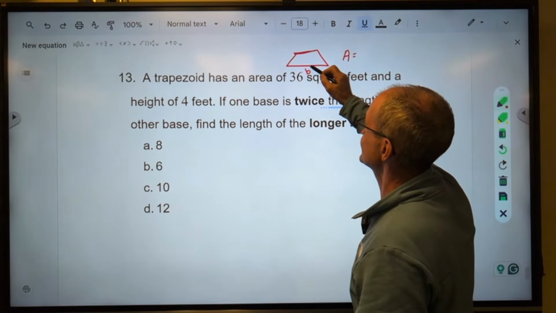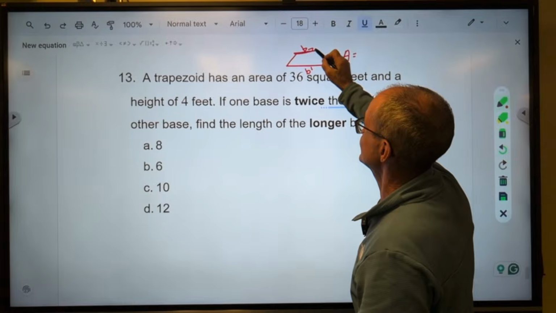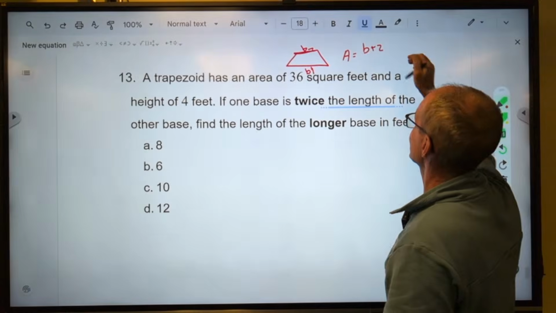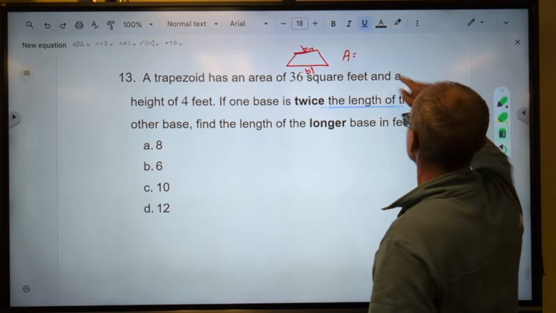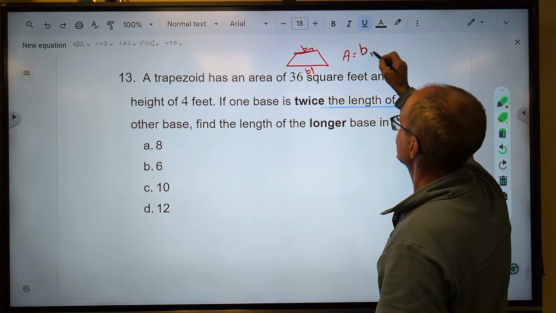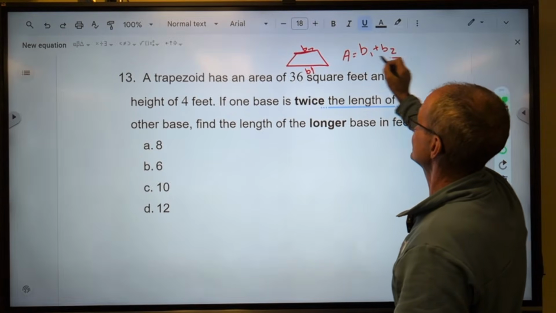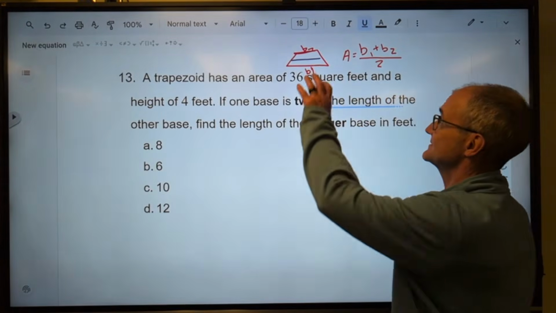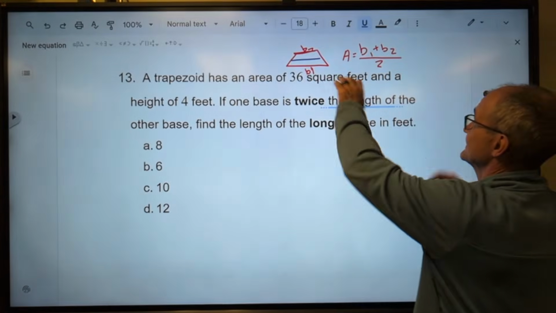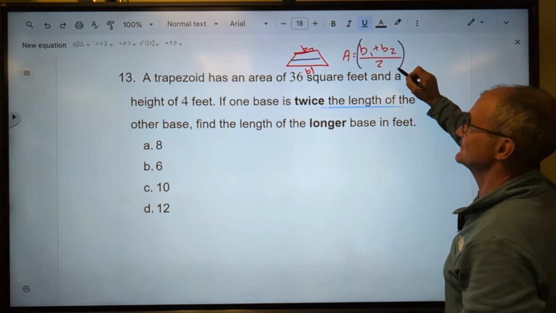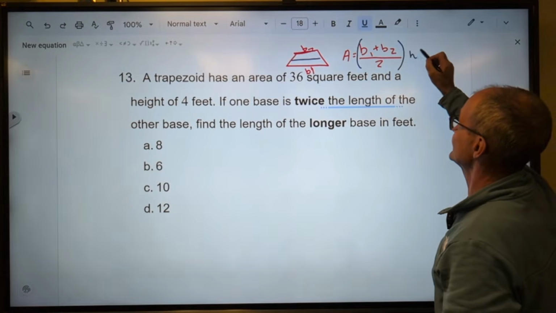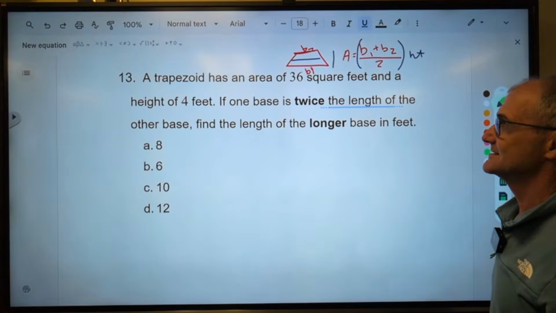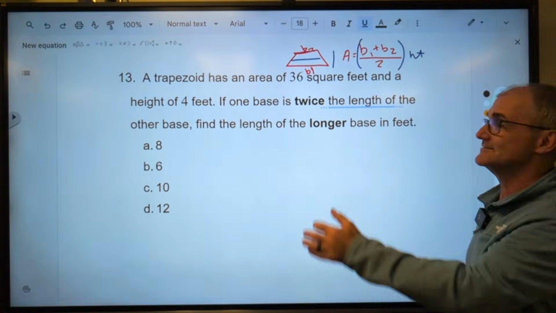You've got to know that base 1 plus base 2 divided by 2 is what they call a median, and it's the average of the top and the bottom. And you're going to take that base 1 plus base 2 divided by 2 and multiply it by the height. Again, these are hard problems. That's the overall height here. So that's the background math knowledge you need.